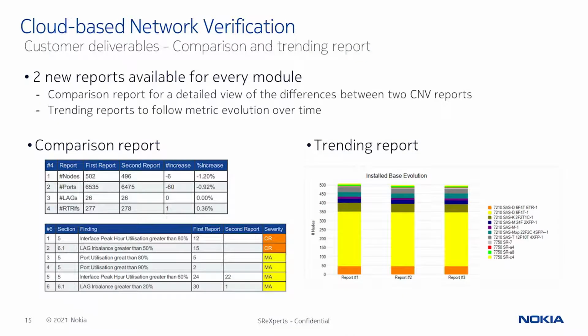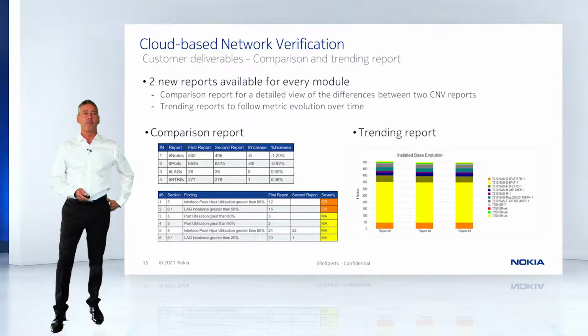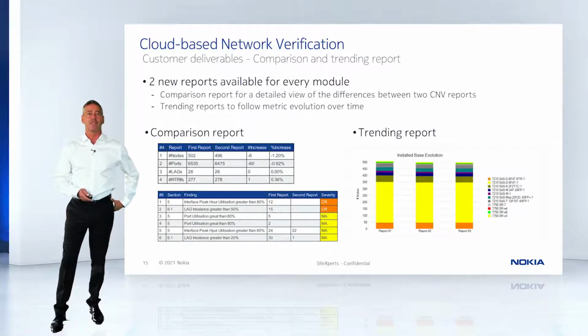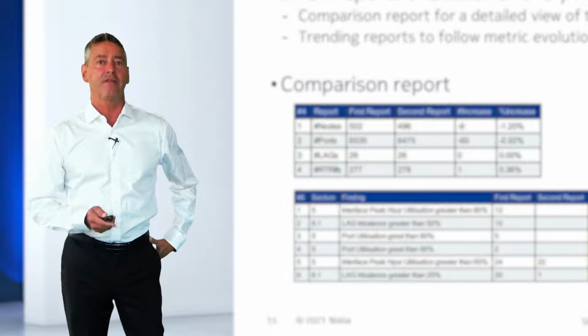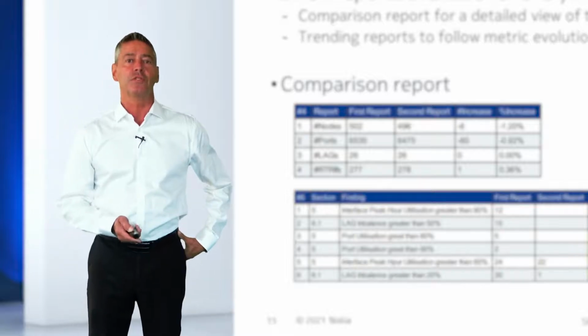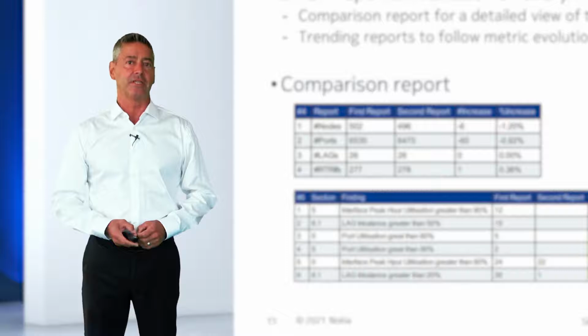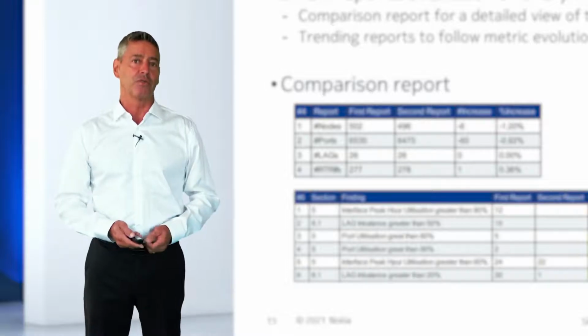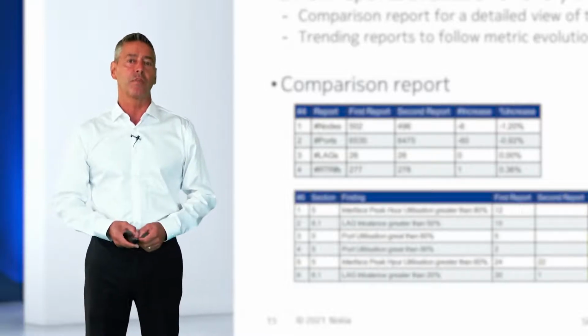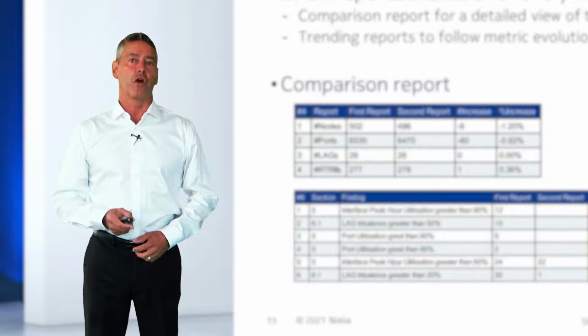So an important thing about the reports is you can compare them. You can compare the reports and you can trend them. So comparison is important for you because let's say the first week you had all these issues and you gave it to your planning team, and your planning team has addressed these issues, or you may have addressed those issues. So on the second week you run the report again and you see all the orange are gone now.